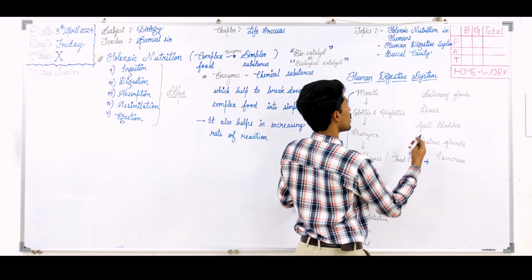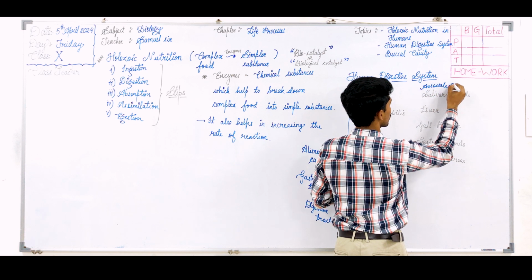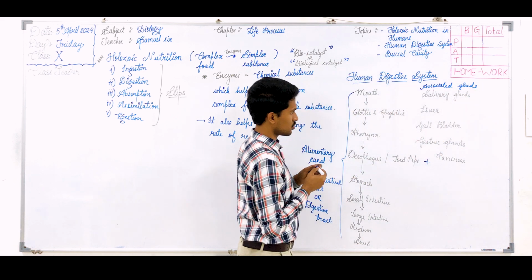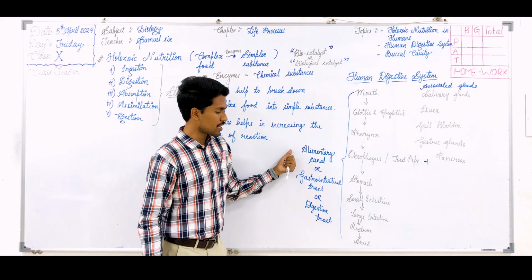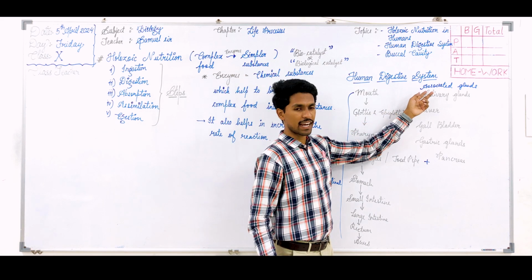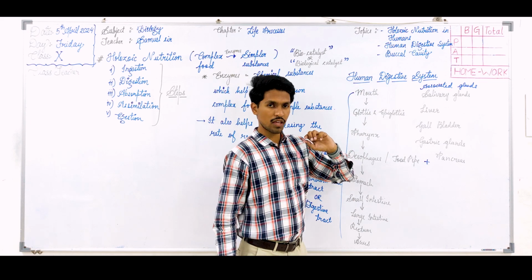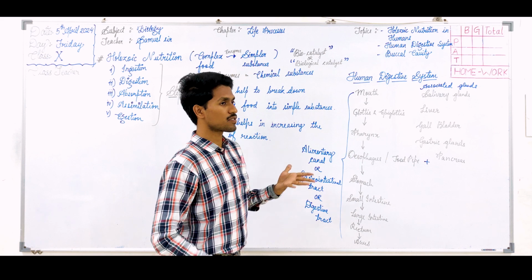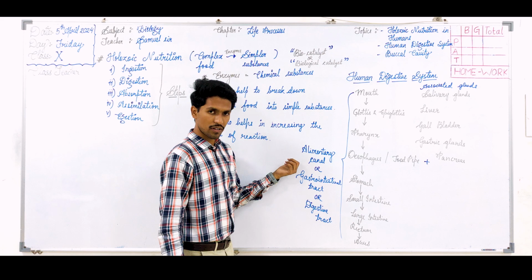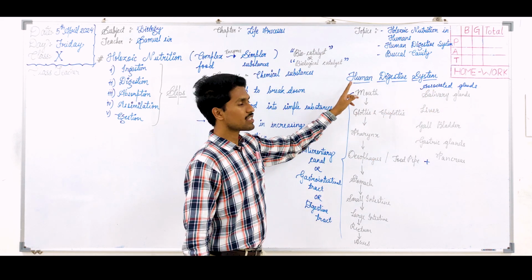So these are the associated glands, which are exocrine in function. The alimentary canal or gastrointestinal tract or digestive tract along with the associated glands combine together to form the digestive system. Many times we get confused about the definition, so let me make it very clear: the alimentary canal along with the associated glands form the digestive system.